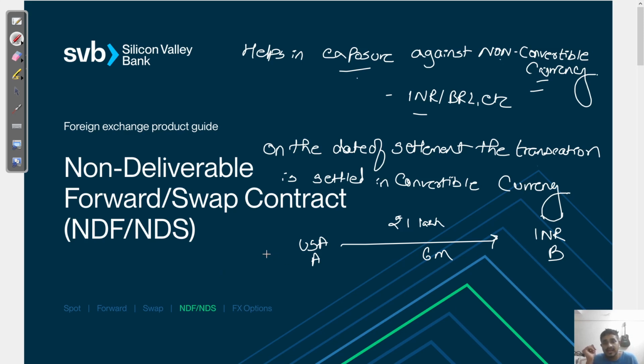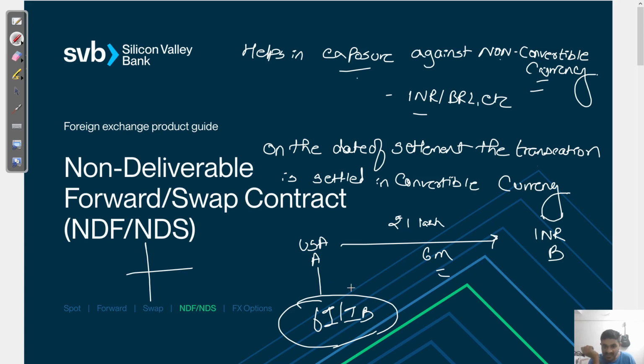So it enters into an FX NDF contract with a financial institution or investment bank, etc. And they enter into an FX NDF contract with a fixed rate for the USD INR, wherein on the date of settlement, if company A is in profit, the financial institution will pay the difference in USD.